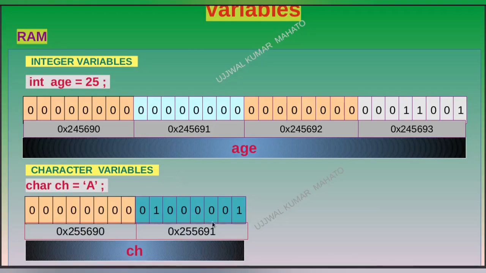So the binary form of capital A is 1000001, and it is stored inside the RAM in binary form. So it is first converted into binary form and then it is stored in the RAM.